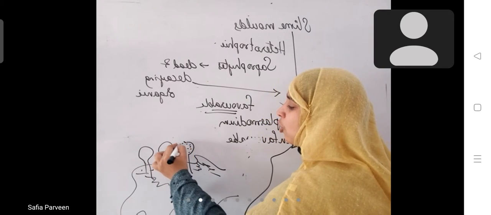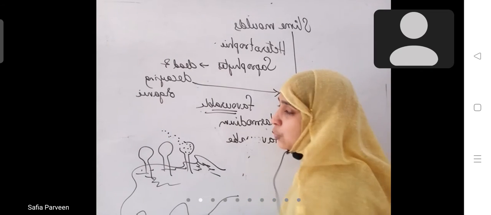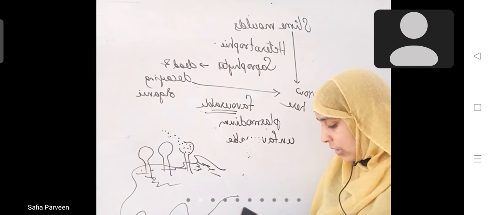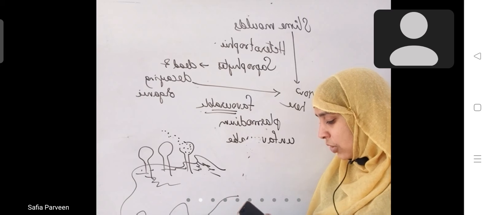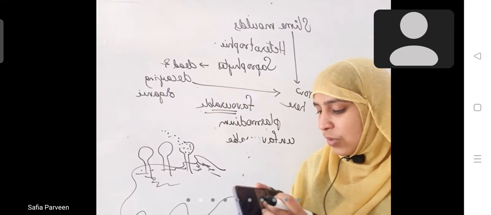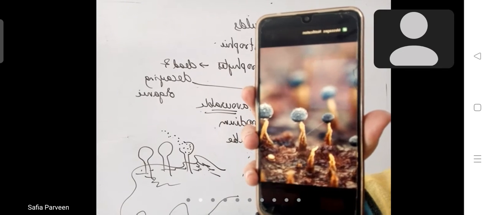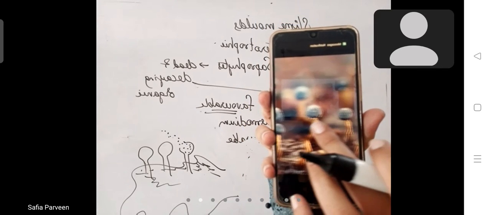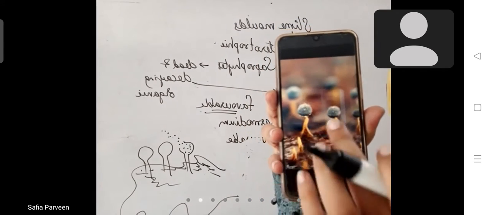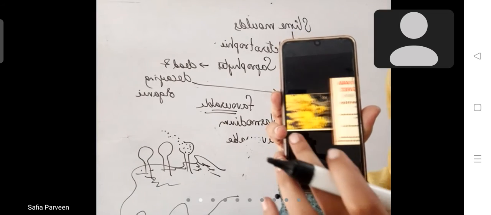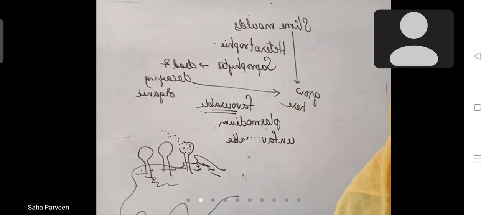If this bursts open, all the spores will be released, and each one can give rise to a new slime mold. You can see these are all spores arising from slime molds. If the climate is not favorable, then it turns like that, right?